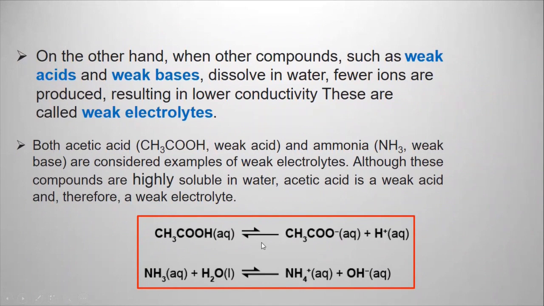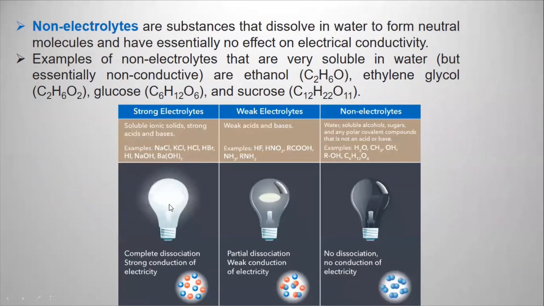If you have a partial dissociation, then this will be a weak electrolyte. Weak electrolytes will not conduct electricity as well as strong electrolytes. So here is the weak electrolyte. You can tell the light intensity is lower compared to a strong electrolyte. You can see the light intensity is much, much higher.